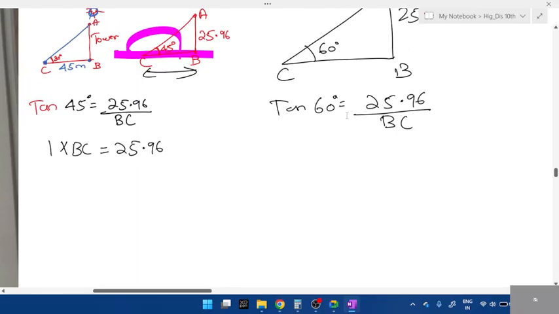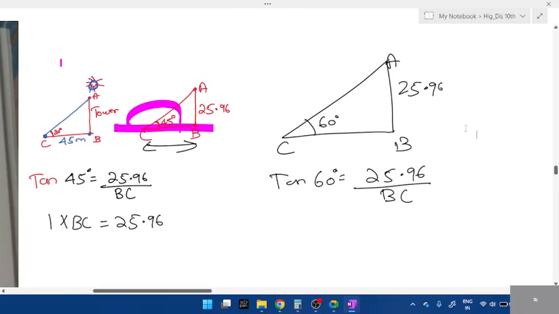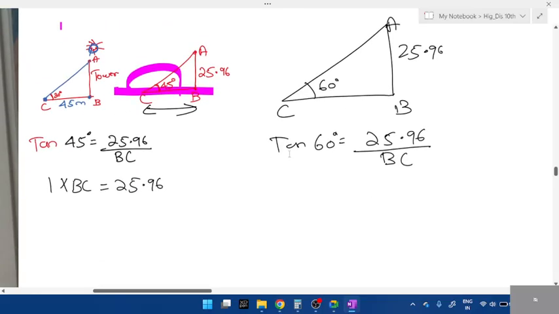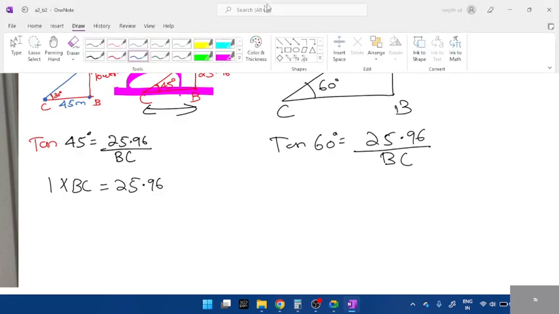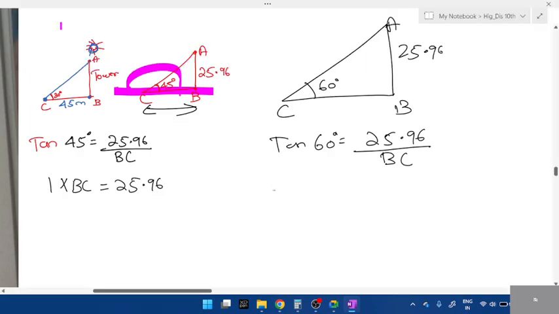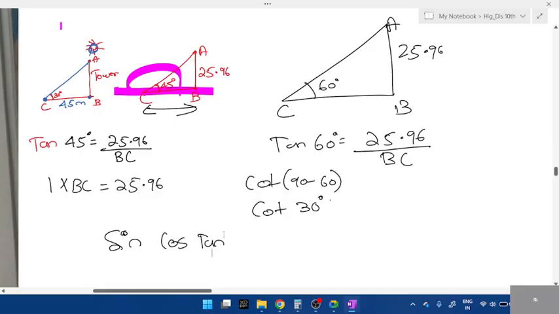Whenever there is a decimal in the denominator, we use the complementary angle and the reciprocal. What is the complementary for tan 60? Cot, correct. Cot of 90 minus 60. What is cot of 90 minus 60? Cot 30. But cot 30 is not given in your table. In the trigonometry table, you will have only 3 values: sine, cos and tan.